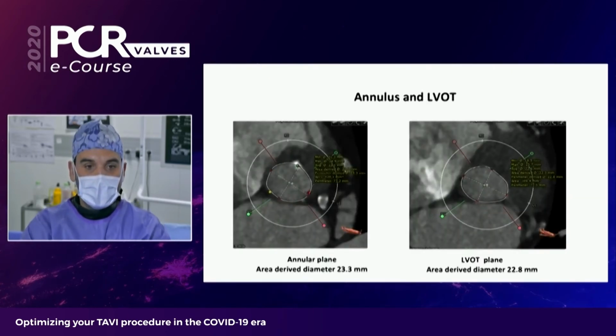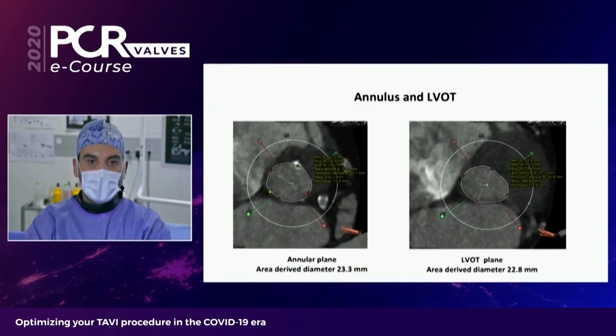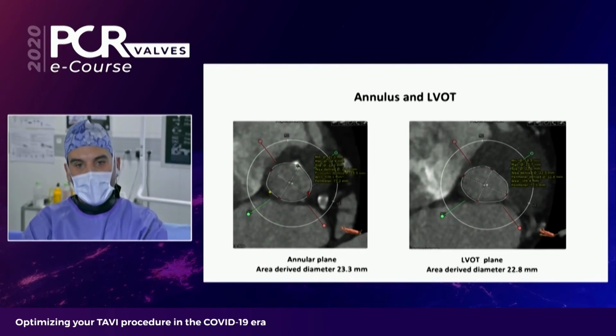And what is most important in planning a TAVI case is the CT scan analysis. At the annular plane, we have measurements showing an area-derived diameter of 23.3, almost consistent with a perimeter-derived diameter, given the circularity of the annulus, also 23 millimeters. LVOT assessment 3 millimeters below the annular plane shows almost the same measurement, so a tubular configuration.